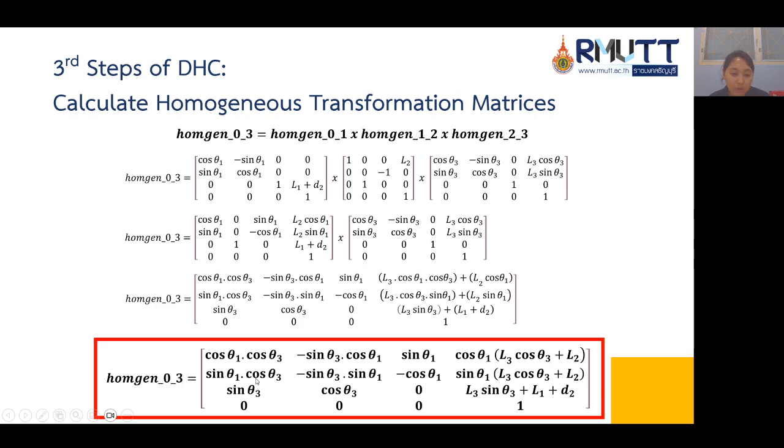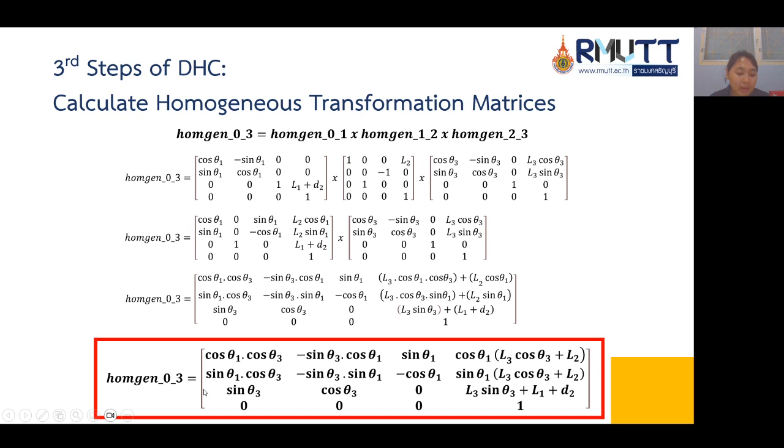For the second row: sin theta 1 multiplied by cos theta 3, then the second element minus sin theta 3 multiplied by sin theta 1, then the next element is minus cos theta 1, the next element is sin theta 1 multiplied by L3 cos theta 3 plus L2.